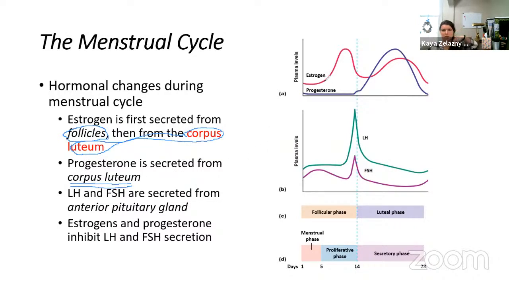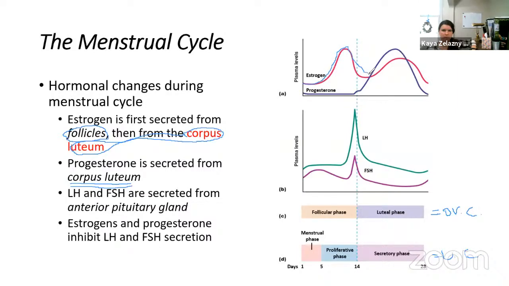So if we look at estrogen versus progesterone over the course of the menstrual cycle, just a reminder, here's our ovarian cycle, and this bottom one is the uterine cycle. If we look at what's happening with estrogen, we see that first, as the follicle is developing in the ovary, we have an increase in estrogen.